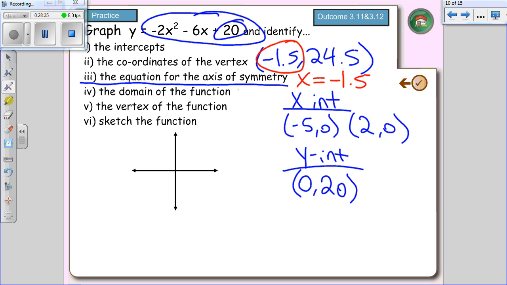The vertex of the function, we've already calculated that. That was a mistake. What it should have said is the domain or the range of the function. So range.